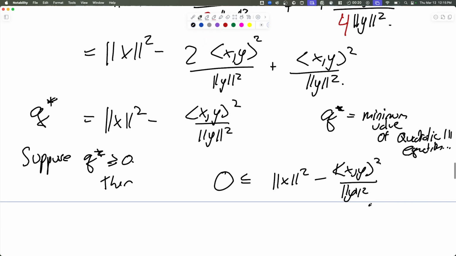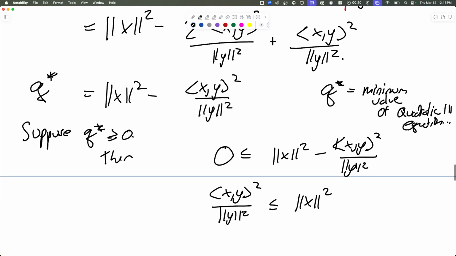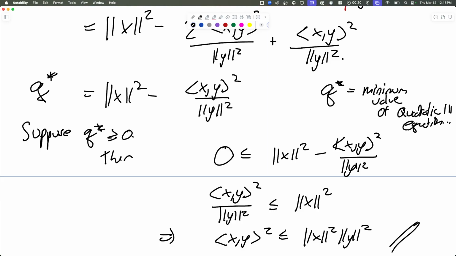And then you rearrange the equation, and it should work. Xy squared over the norm of y squared is less than or equal to x squared, and therefore xy squared is less than x squared times y squared, which is what we wanted to show, with squares. So if q star was bigger than 0, we'd be done.